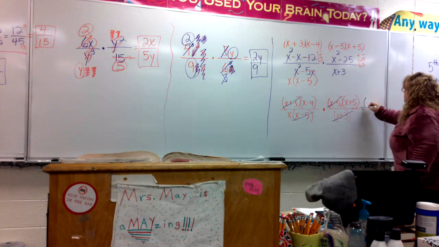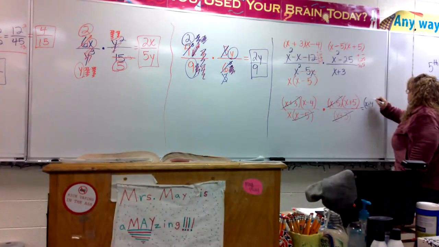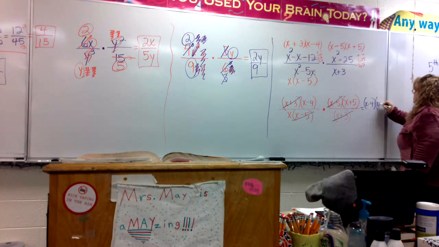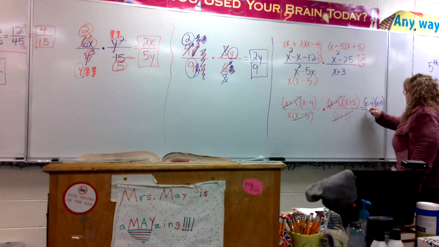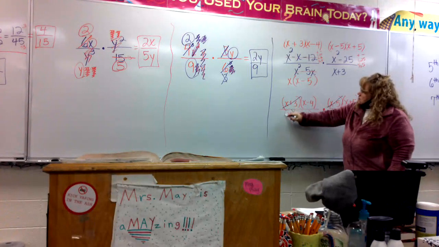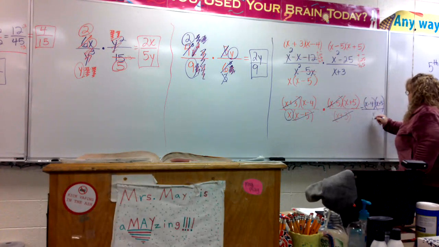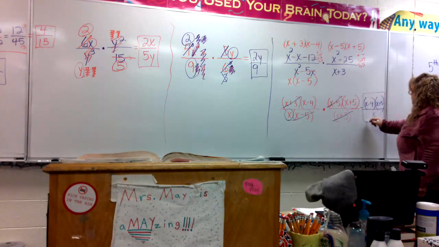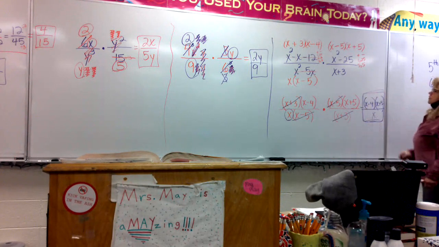So what do we have left on top? Look at all that. I have an x minus 4 and an x plus 5. On bottom, what do I have left on bottom? Looks like just that x. So right there, that's my answer.